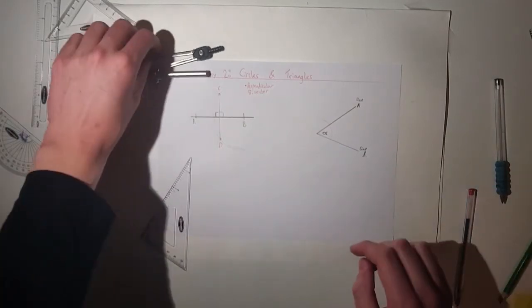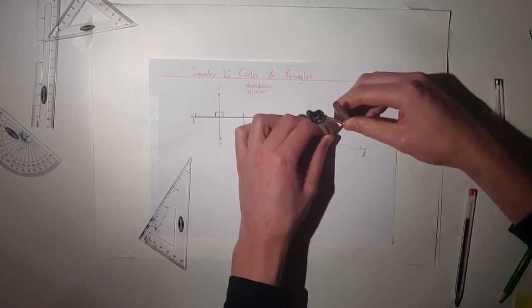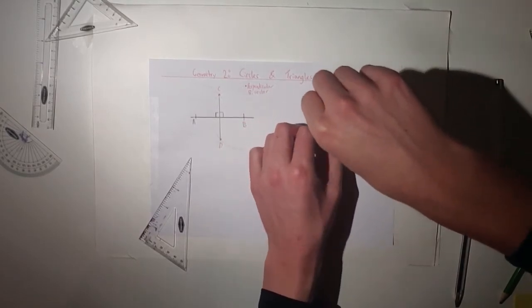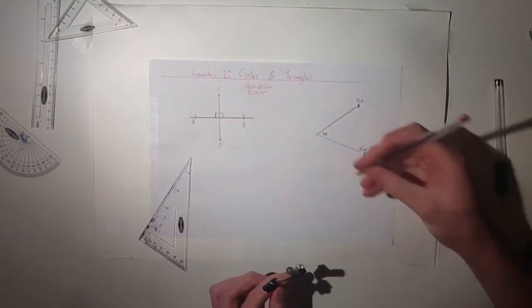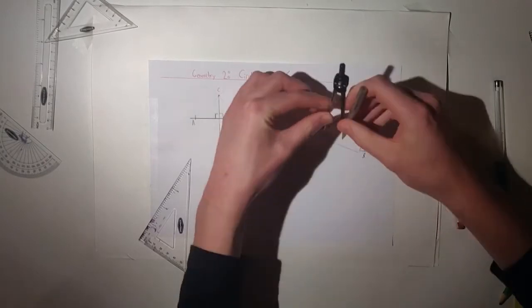Then what you need to do is get your compass and again measure something that's relatively not too long, not too short. Make an arc. So you want to put your compass here and you want to put your compass here.